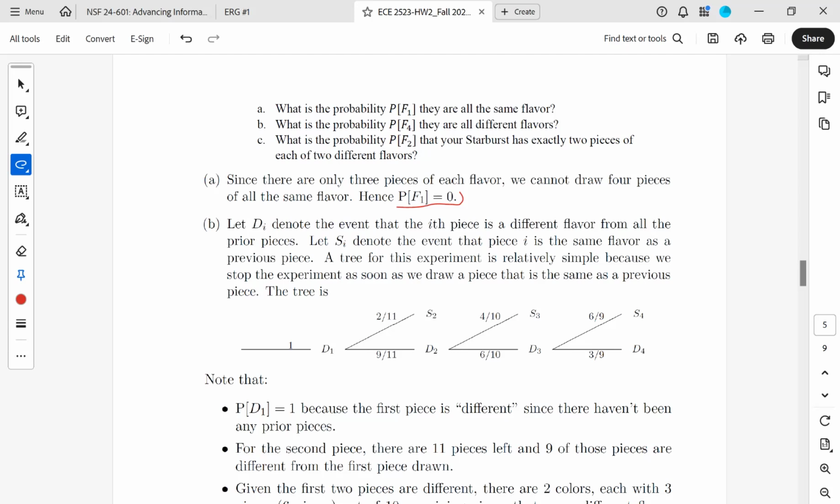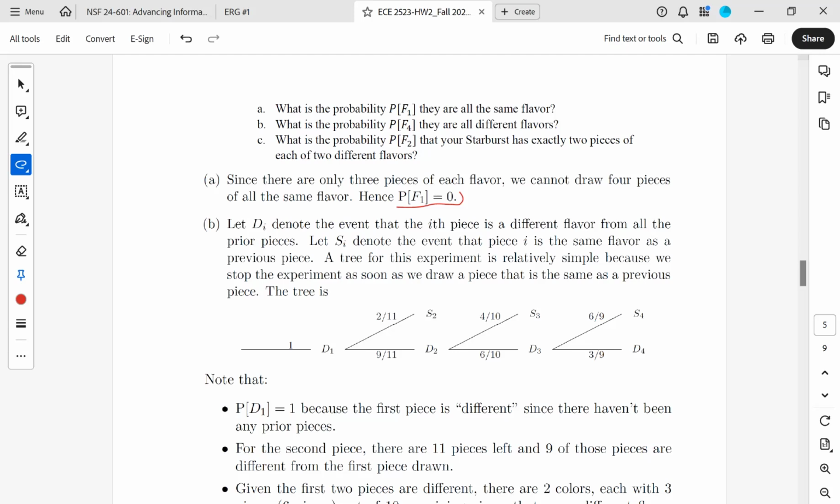Since the first draw has nothing to compare with regarding different flavor, having a different flavor doesn't mean anything in the first draw. So whatever we choose in the first draw is going to be a unique flavor. Correct?